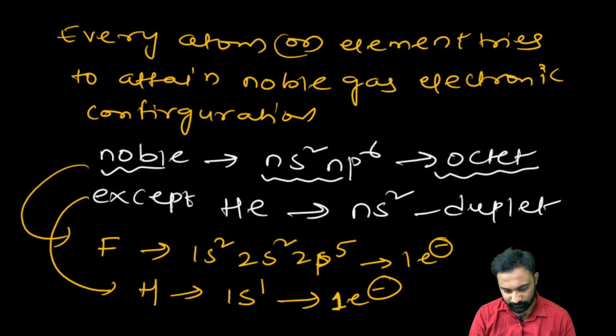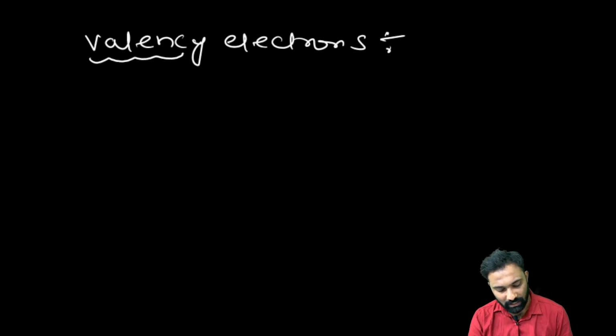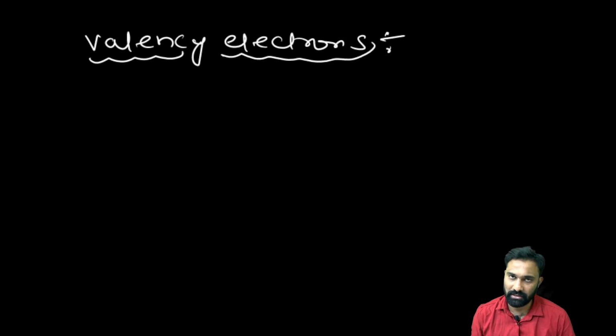Now, next. How are the bonds forming, how are the covalent bonds forming? Now, for any covalent bond to be formed, this criterion is very, very important: valency electrons. Now, for the element or atom, however many valency electrons it has, that many bonds it will form. Clear?